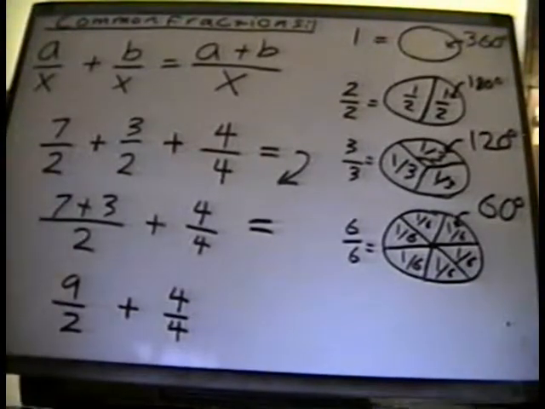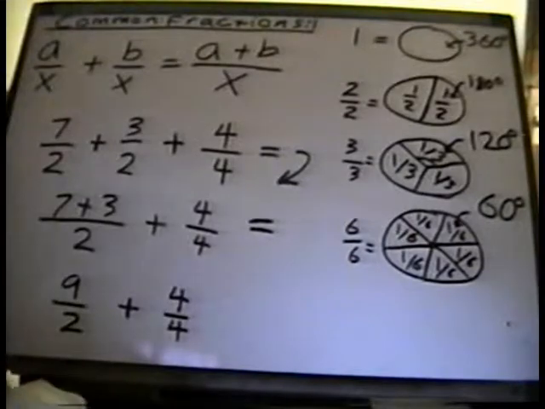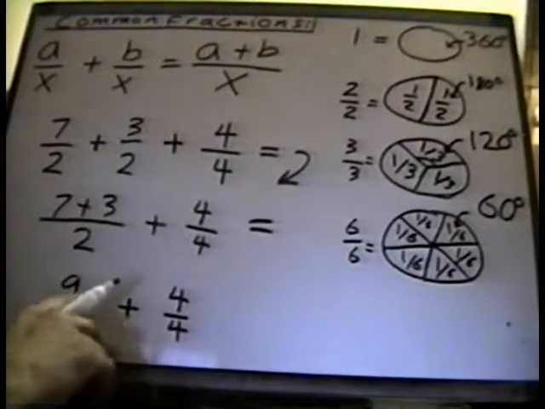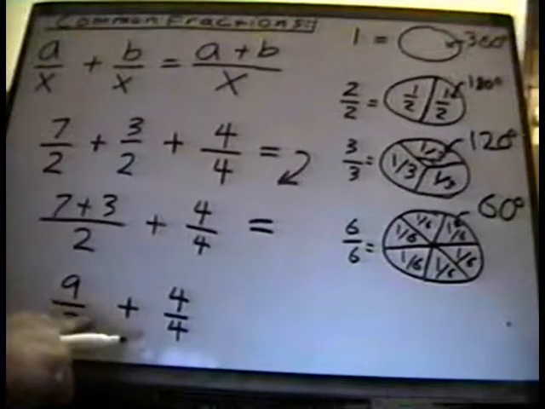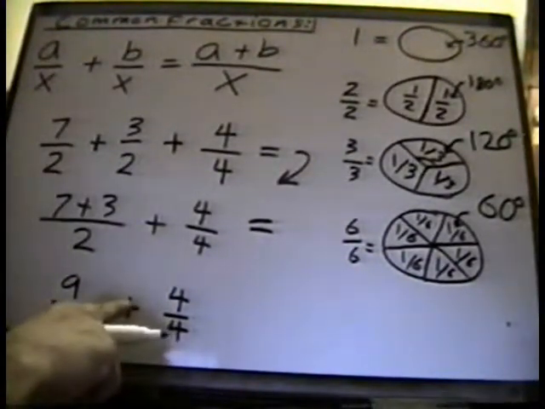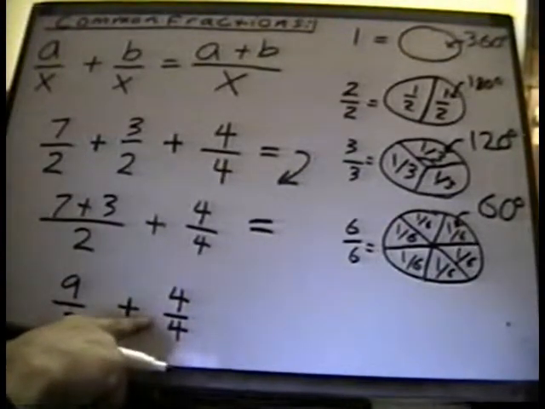Plus 4 fourths. Now, there's 2 methods we could follow with this. You could convert this into a like denominator and then add them, the fractional forms, or you could notice the fact that 4 over 4 is equal to 1.